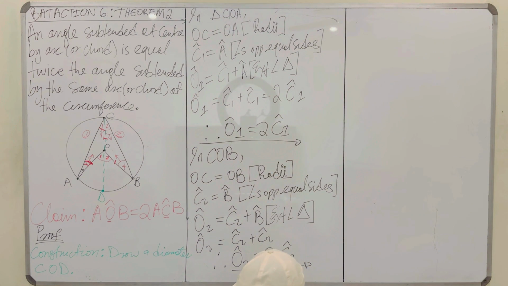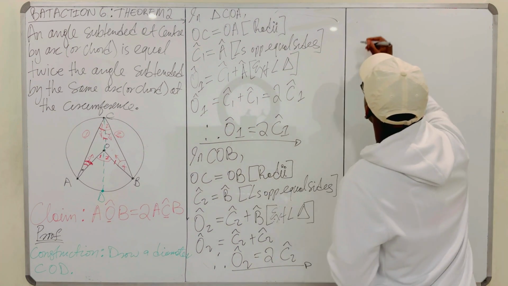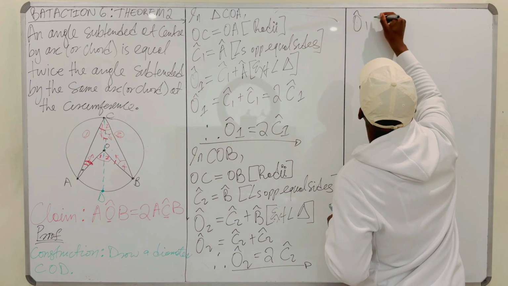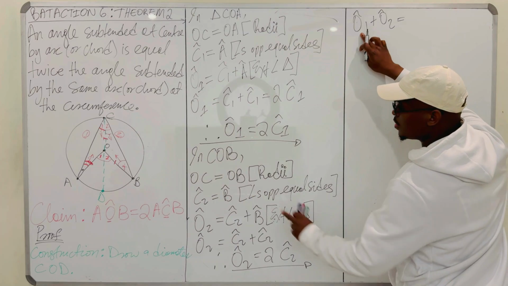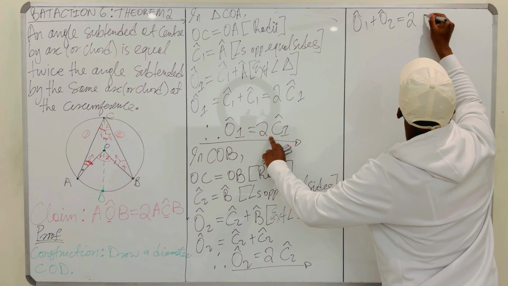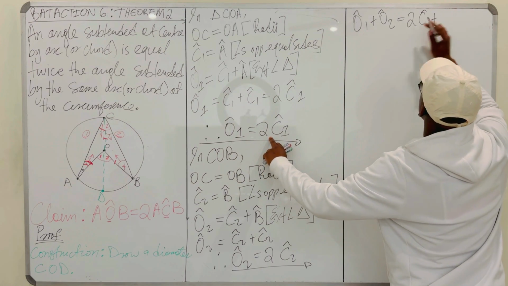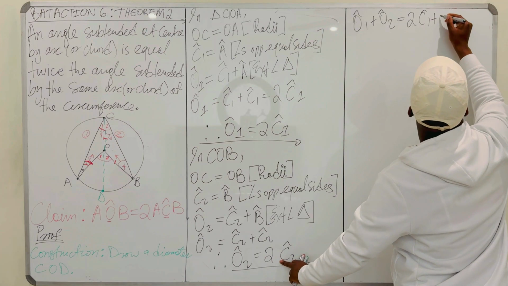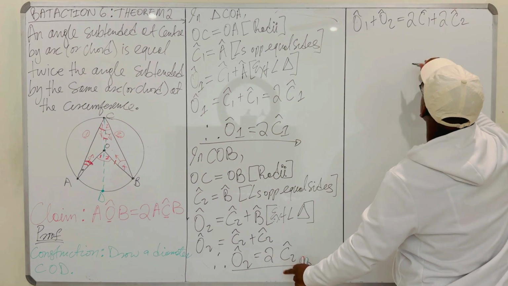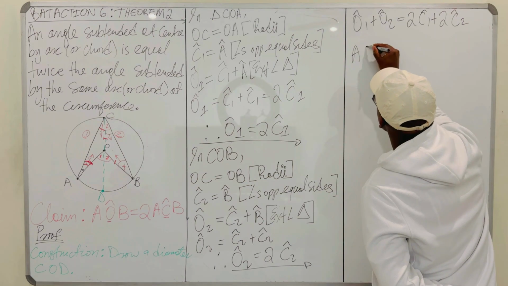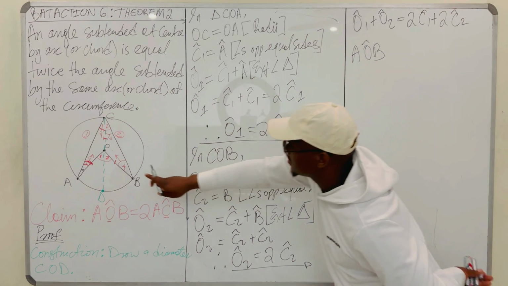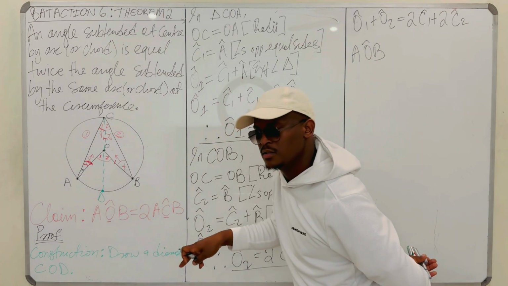Is everyone happy? So O1 plus O2 is equal to what? O1 is 2 times C1, plus O2, which is 2 times angle C2. So O1 plus O2 gives AOB, the entire thing.